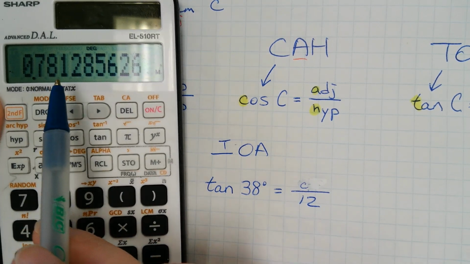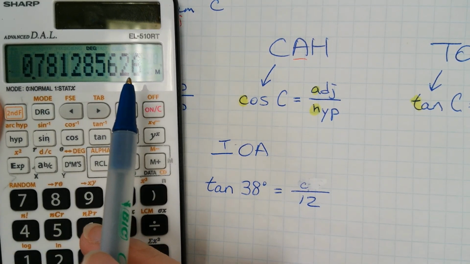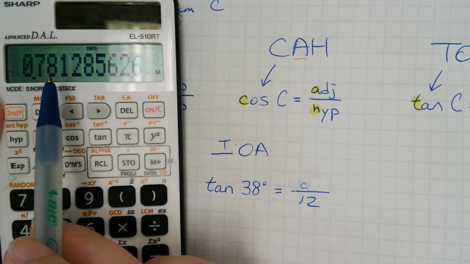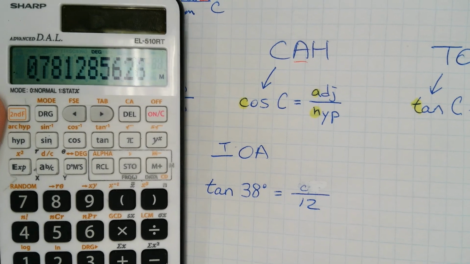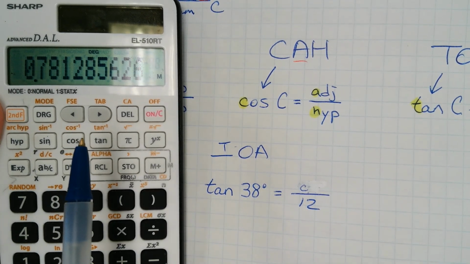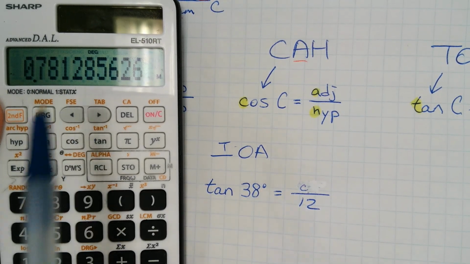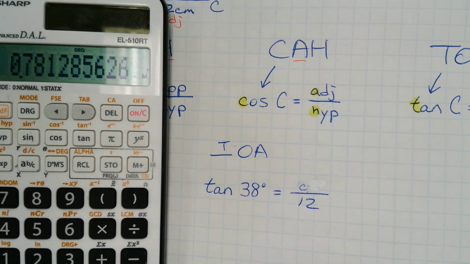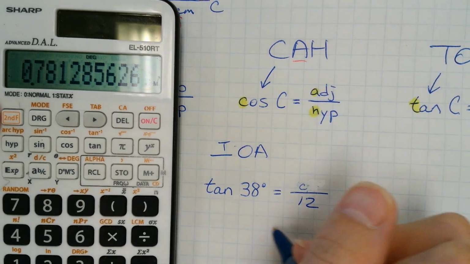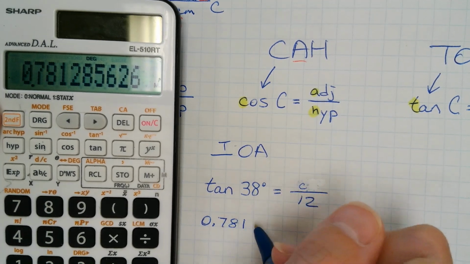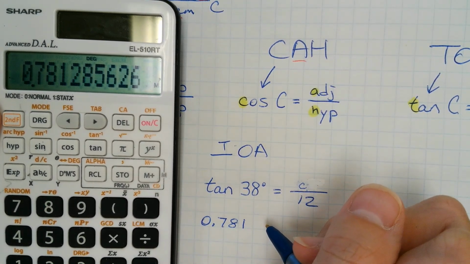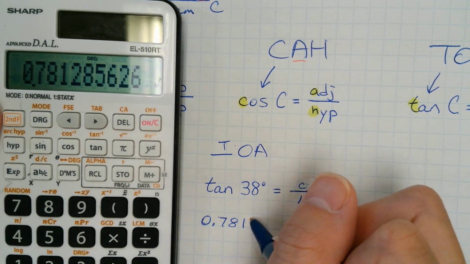Okay, so now everybody should see this on their calculator: 0.781285626. Do I need to write every single number? Can I just round it to 1? No. For all of these ratios, you need 4 decimal places. Make sure you write 4 decimal places when you write these ratios. So 0.7813.